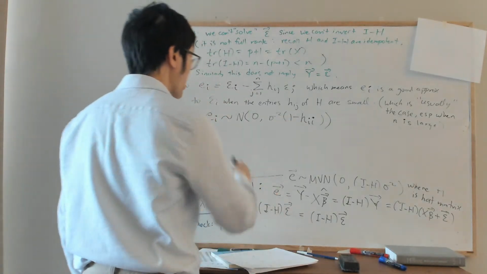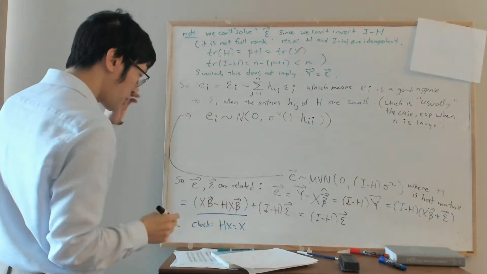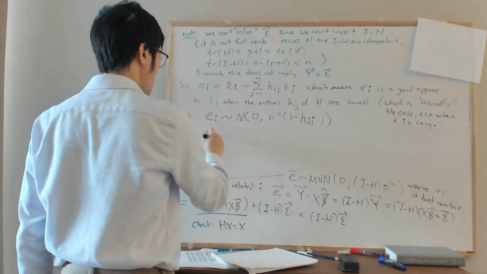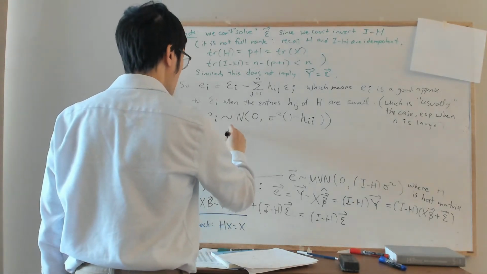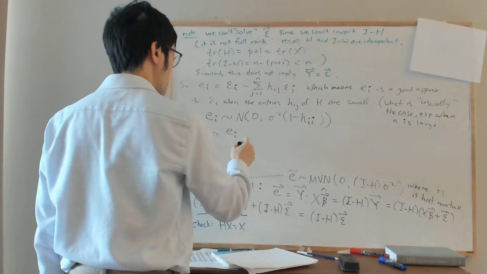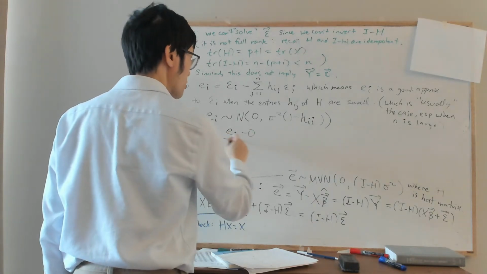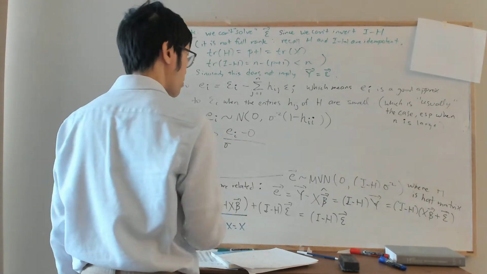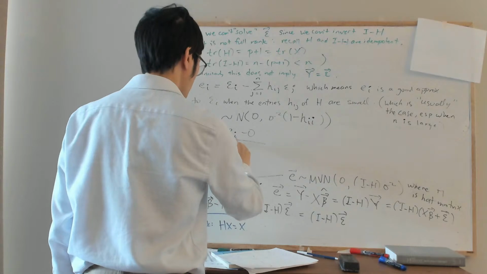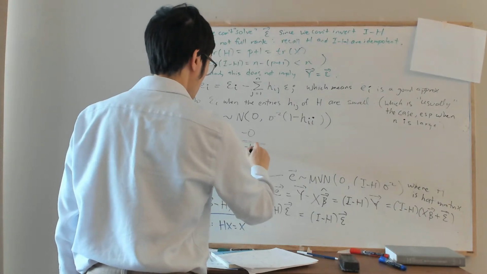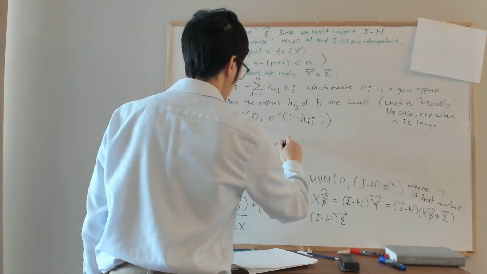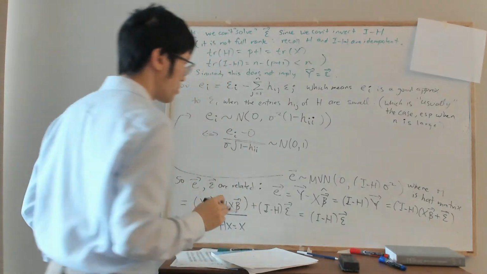And so this is a normal distribution, so we can standardize it. This in turn means that I take e_i, minus the mean, that is just 0, and then divide by the standard deviation, the square root of 1 minus h_ii. So this is the normal 0, 1 distribution.